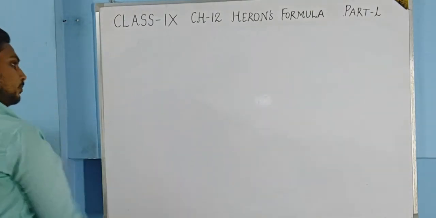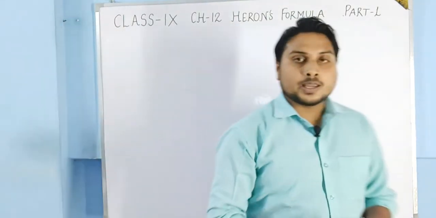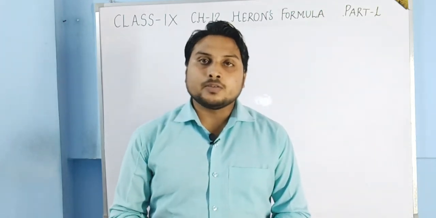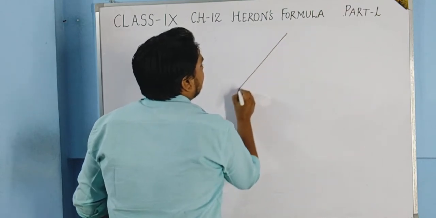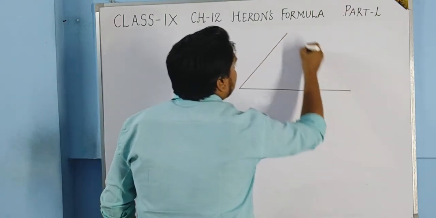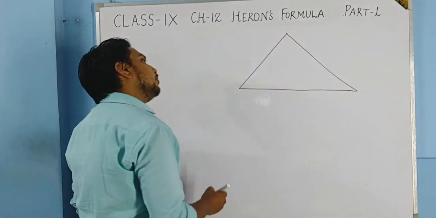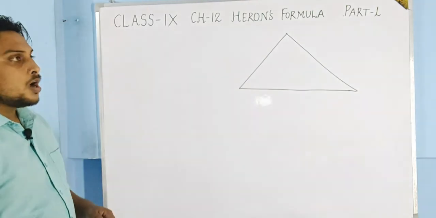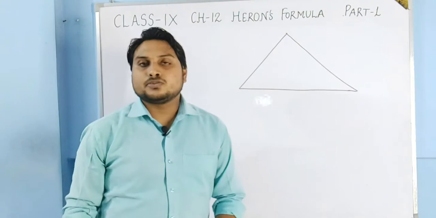Now students will see what Heron's formula is. The condition I told you at the start of this video is that a triangle is given which does not have the property of an equilateral triangle or an isosceles triangle or a right angled triangle.